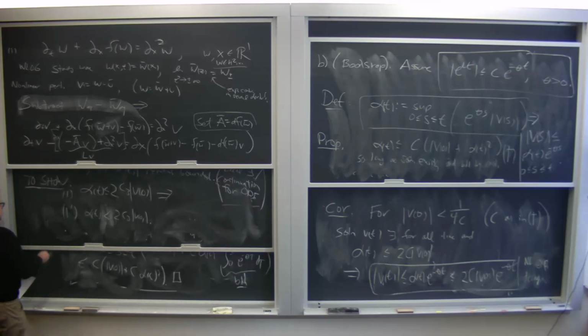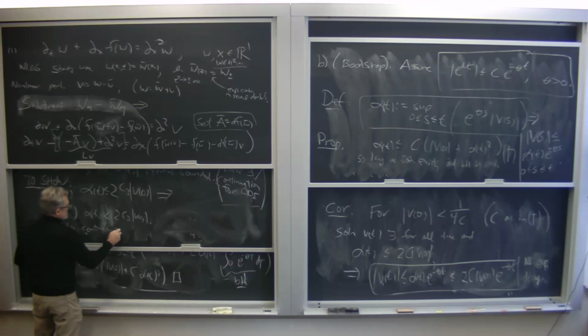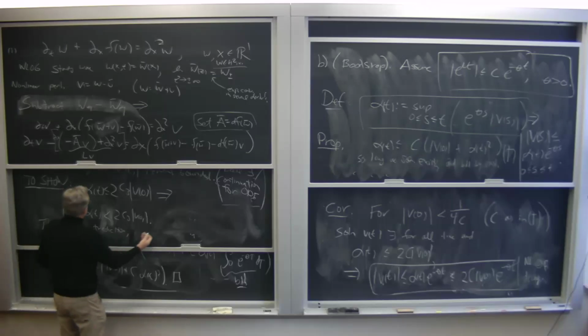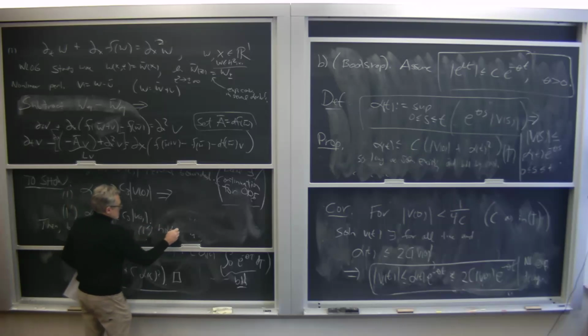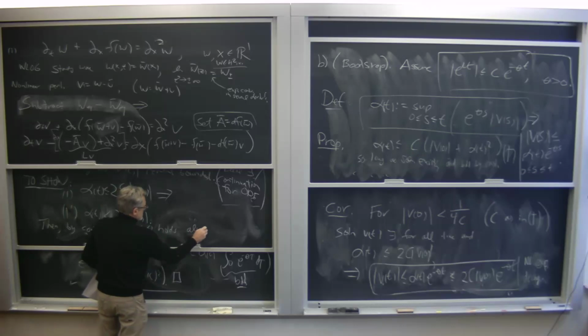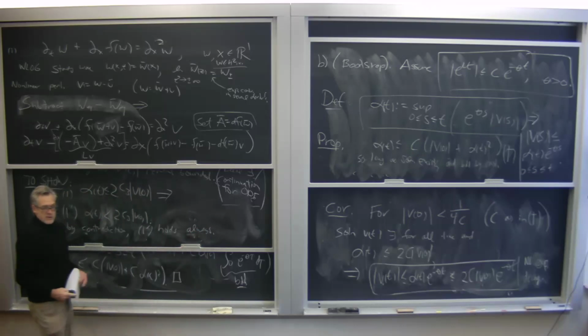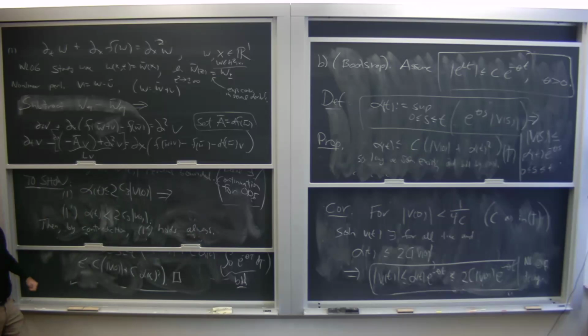So, if we show this by contradiction, in fact, 1 prime holds always. Otherwise, there would be a first time where it fails. But at that time, by continuity, 1 would hold instead of 1 prime. But 1 implies 1 prime. So there's a contradiction.